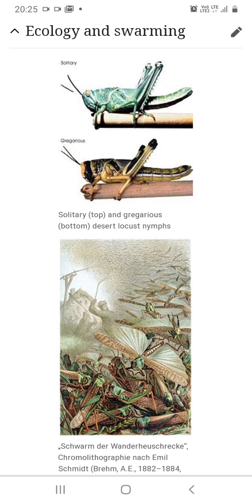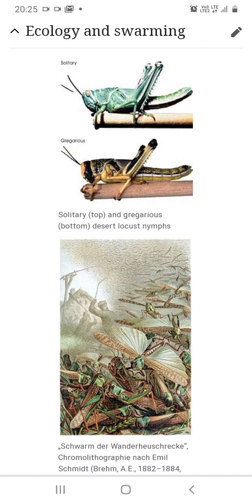Locust life cycle includes the following stages: egg, nymph, and adult. There are 5 to 6 molts in the nymph stage to become the adult.